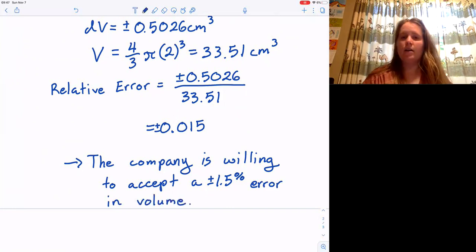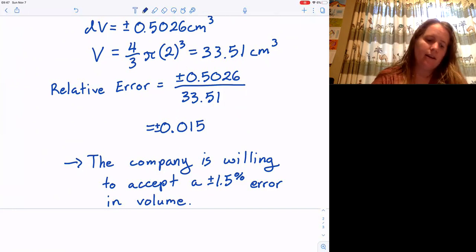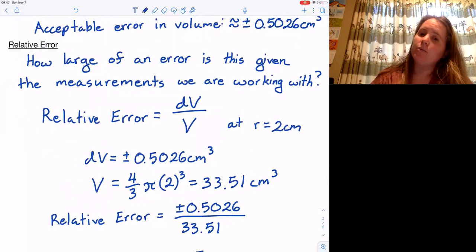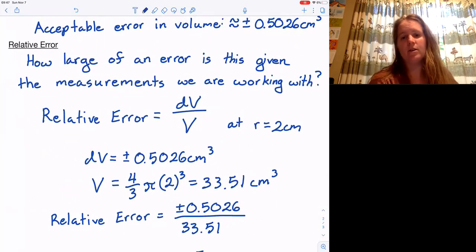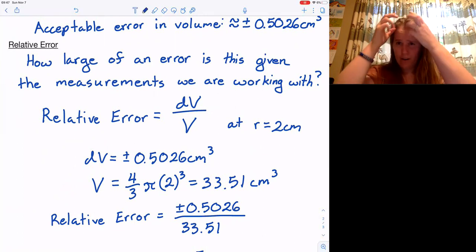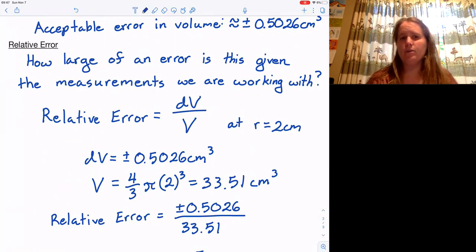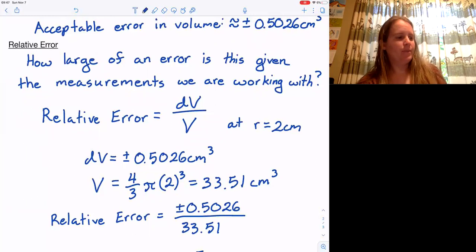So again, we weren't precise here. We could have actually calculated at 2.01 centimeters, what is the volume? At 1.99 centimeters, what is the volume? And then found the precise error. And in all honesty, that wouldn't be all that much more work here than what we just found, and might be even less work.